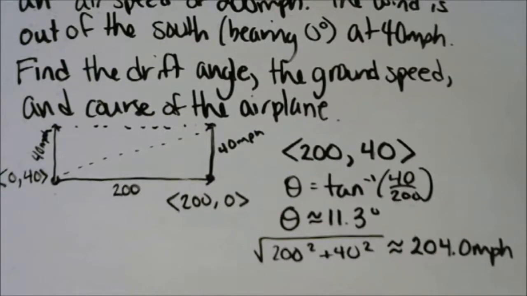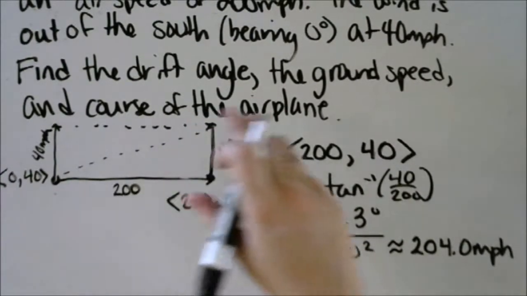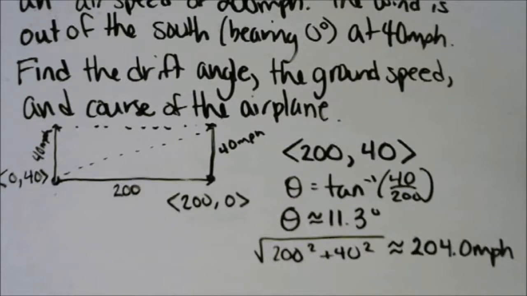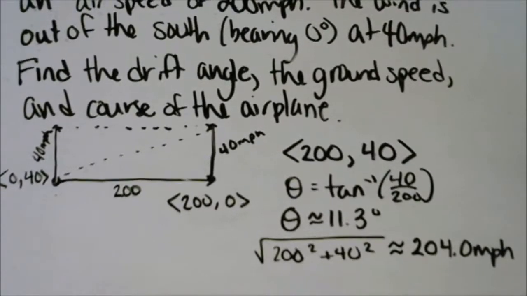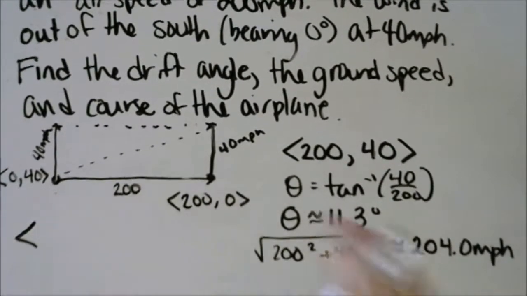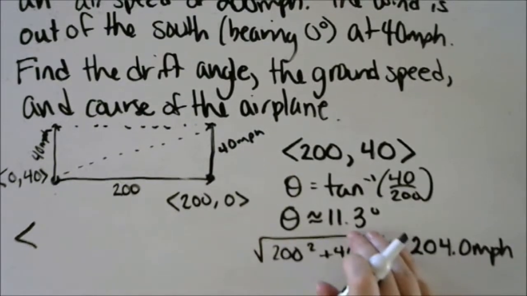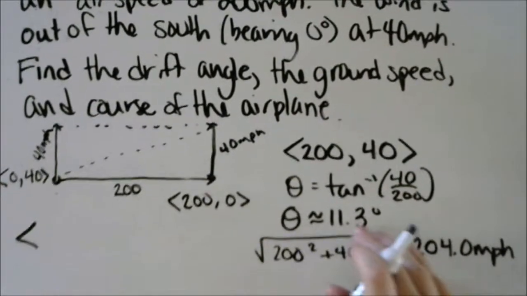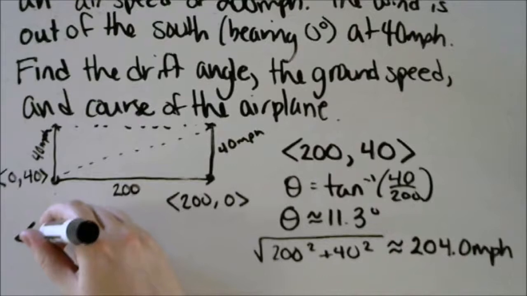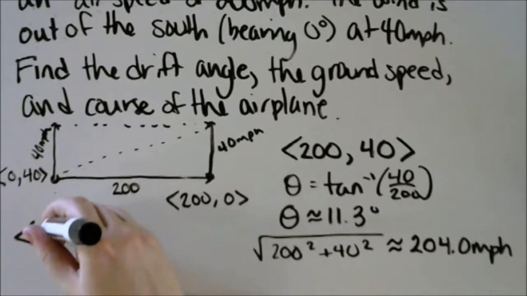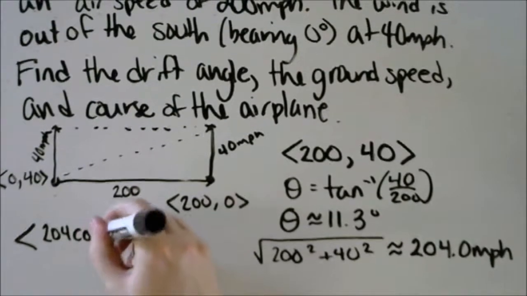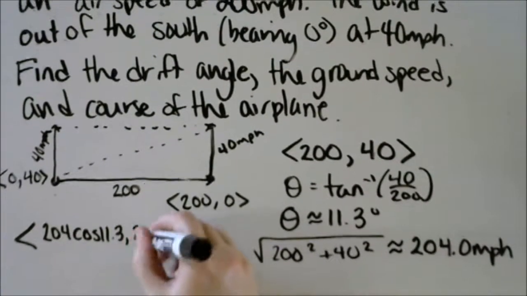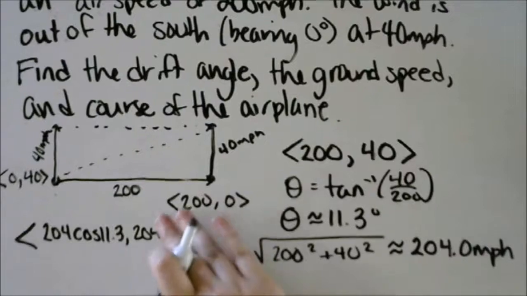The last thing we need to find is the course of the airplane, which is the components x and y, or in this case, west and north, that the plane actually ends up navigating. So we're going to write the component form as the magnitude cosine the angle and the magnitude sine of the angle, since we know that the x coordinate or the x component relates to cosine, and the y component relates to sine.